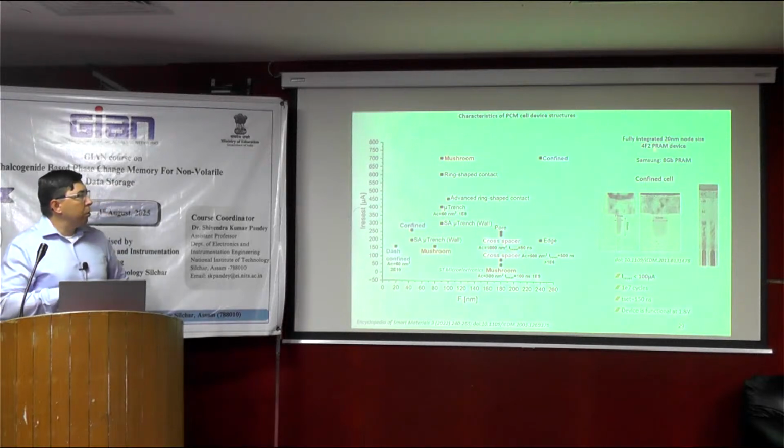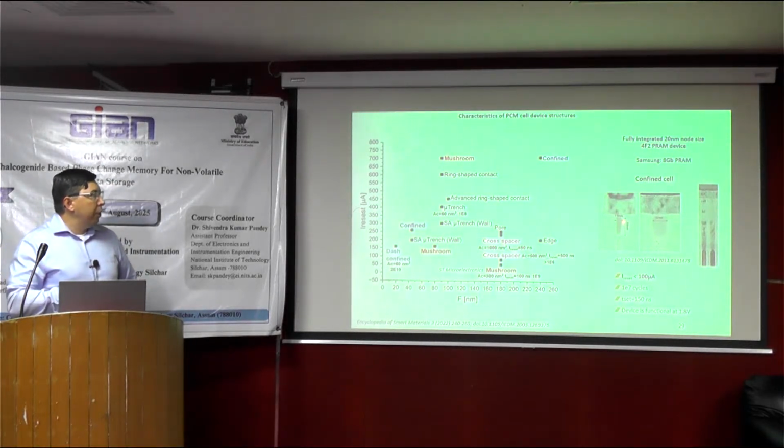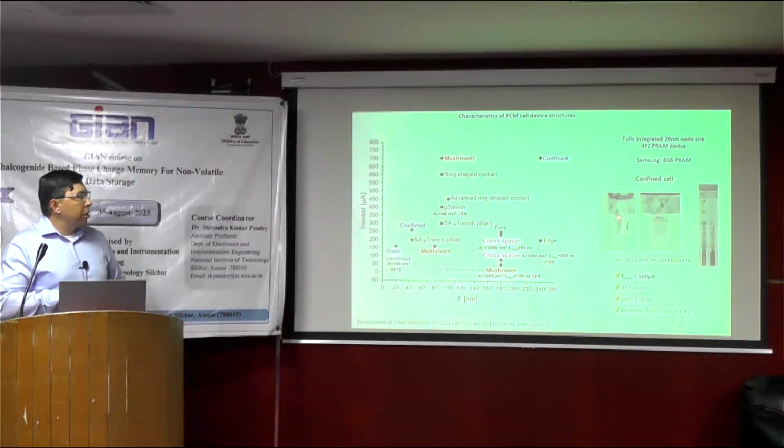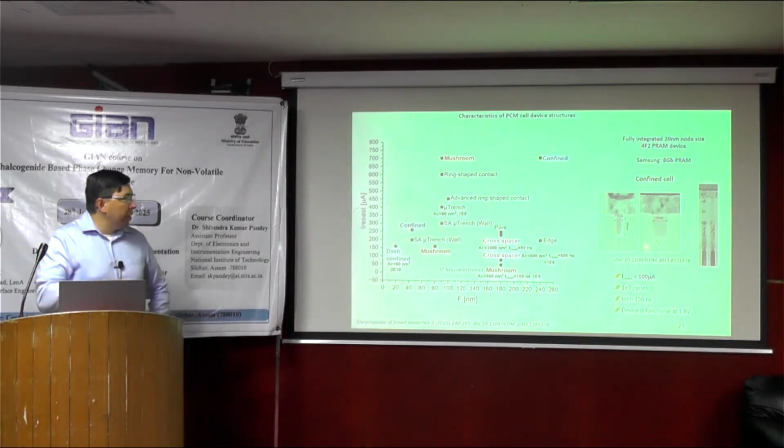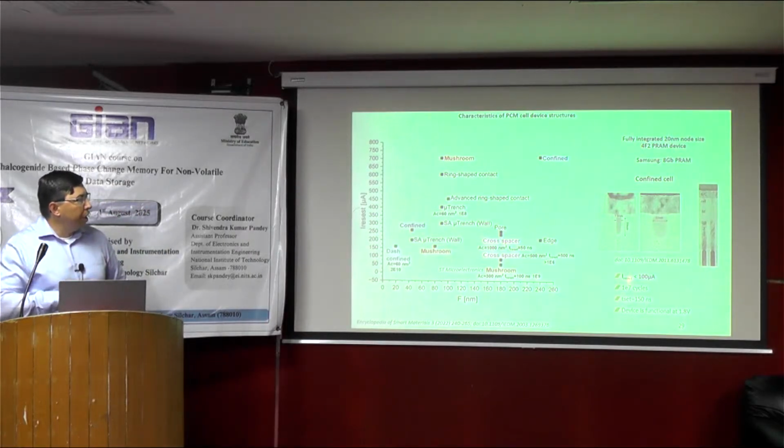Here, this is also one integrated confined cell. Here you see this is a volume minimized cell and contact minimized cell. And here the researchers got a reset current lower than 100 microamps. Cycling endurance was 10 to the 7 cycles.